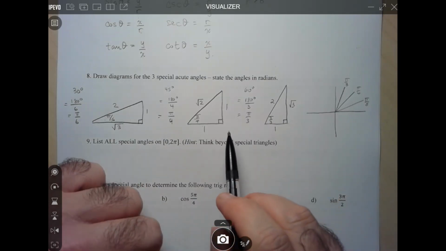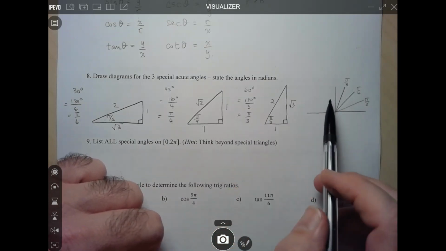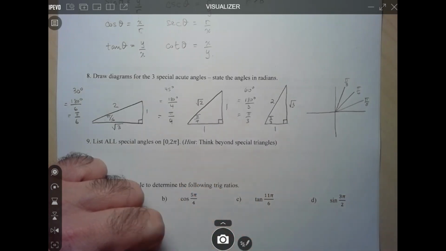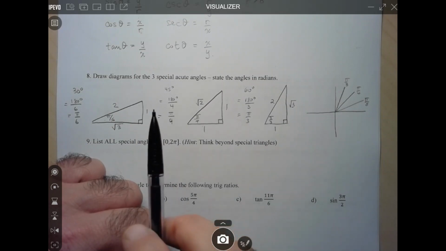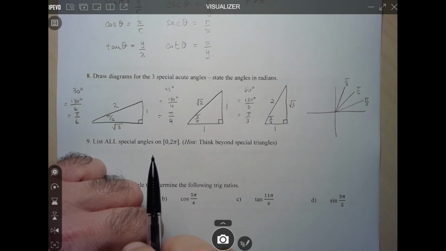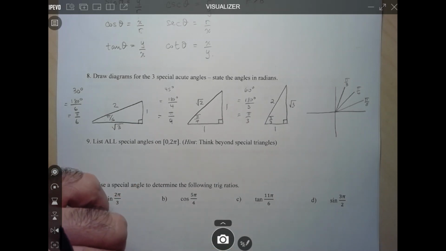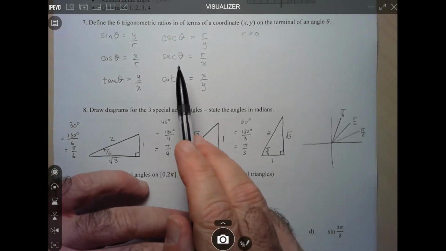You can recreate special angles in the other quadrants related to these special angles, okay? And furthermore, there's 4 other special angles. And remember, the reason why we call them special angles is because you can determine the exact trigonometric ratios.